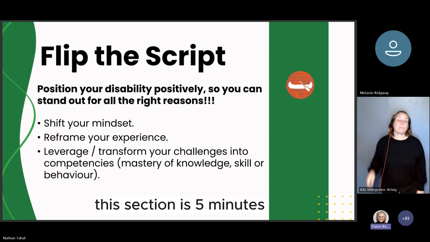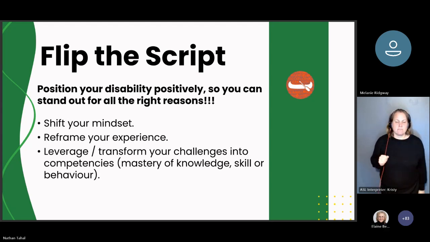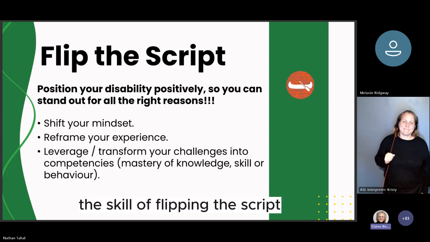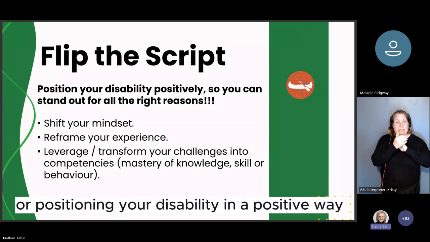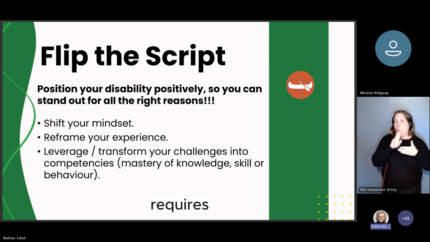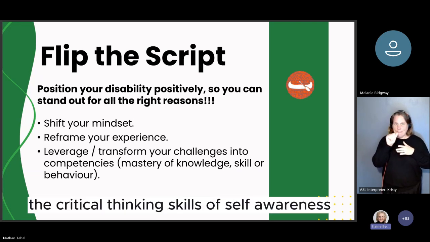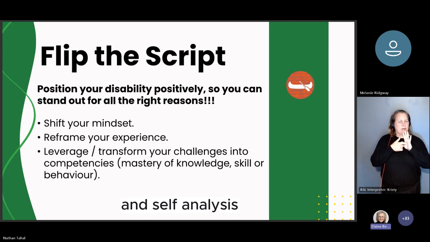This section is 5 minutes. The skill of flipping the script or positioning your disability in a positive way requires the critical thinking skills of self-awareness and self-analysis.